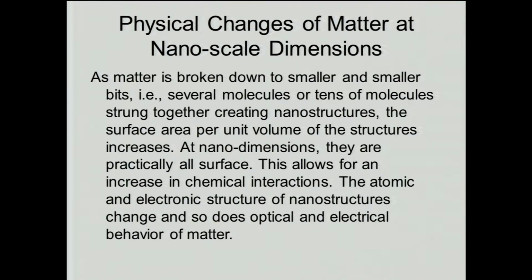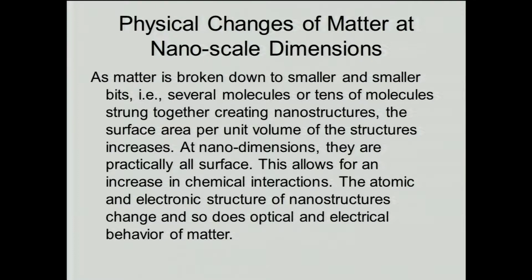So, this allows for an increase in chemical interactions. The atomic and electronic structure of the nanostructures change, and so does the optical and electrical behavior of matter. That is what makes nanomaterials interesting, because if you can go to that level and study, then some things we already know are changed.